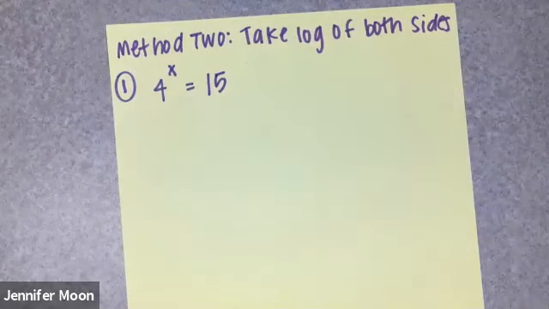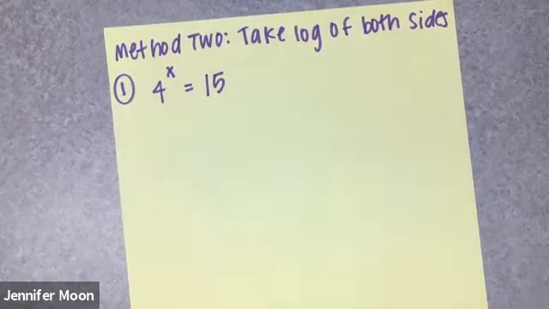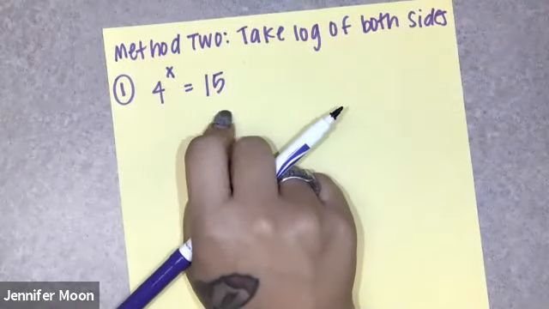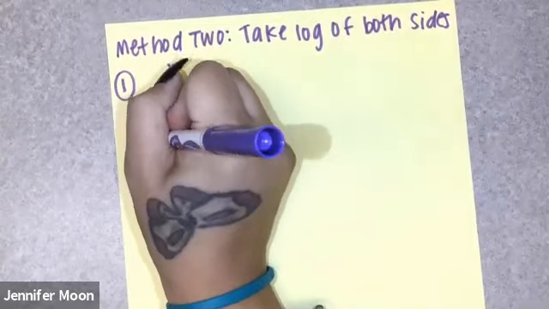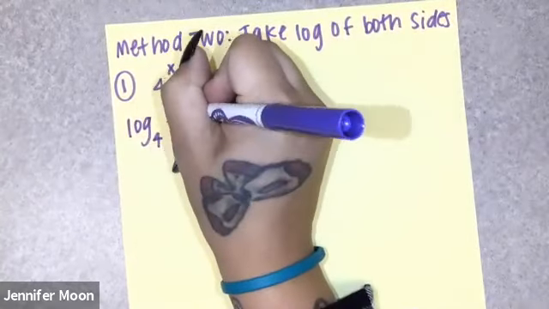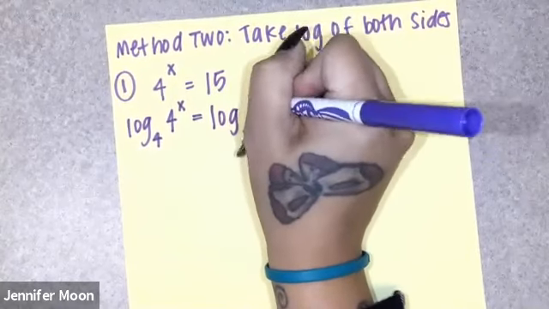So what I do instead is I'm going to take the log of both sides. I know that what I want to do is solve for my x. And so for this problem, we're going to take log base 4 of 4 to the x equals, and then log base 4 of 15.